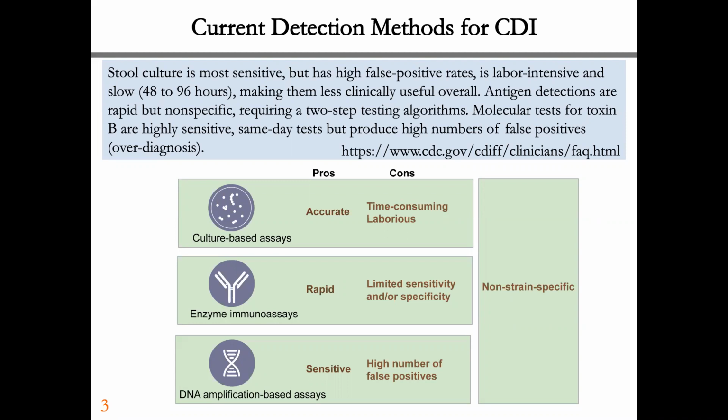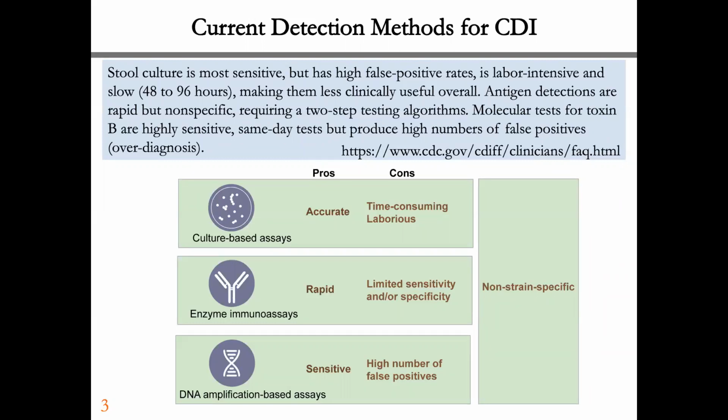They're pretty rapid, but have limited sensitivity and/or specificity. And the other is amplification-based nucleic acid targeted tests, either PCR, LAMP, or different techniques, which are sensitive but often come with a high number of false positives.